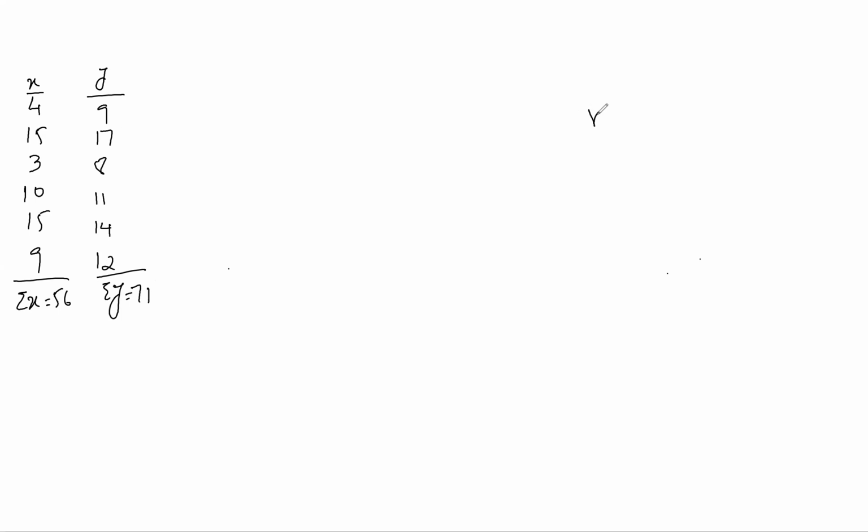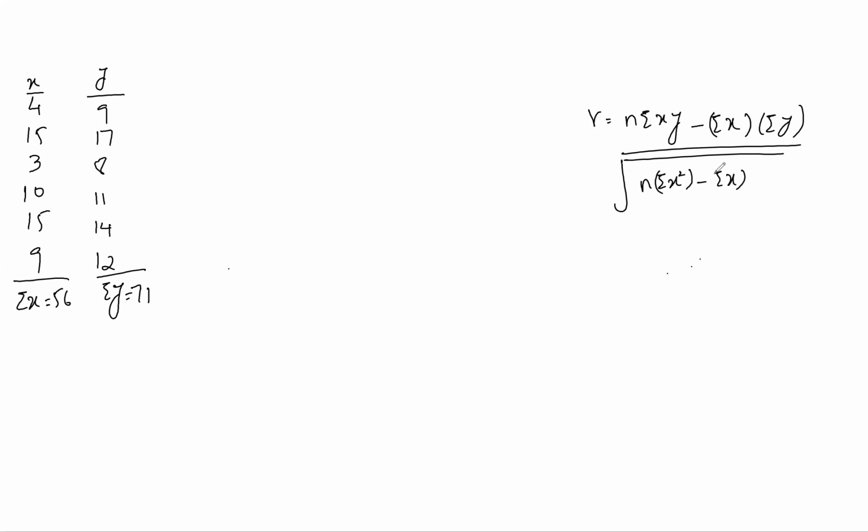The formula for the coefficient of correlation is n times sum of xy minus sum of x times sum of y, divided by the square root of n times sum of x square minus sum of x whole square, times n sum of y square minus sum of y whole square.